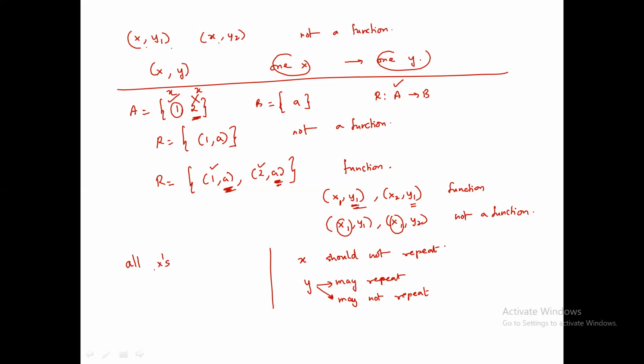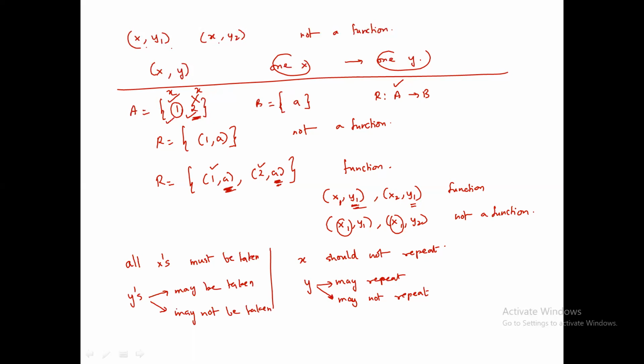All x's must be taken. No x should be left. x equal to 1, x equal to 2. All the x's must be taken. But there is no rule for y's. Y's may be taken, y's may not be taken.